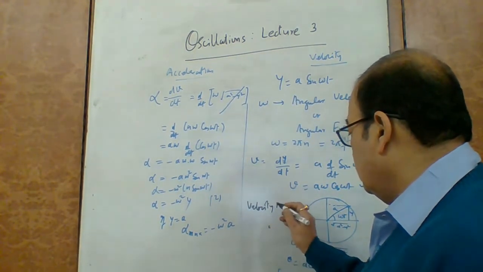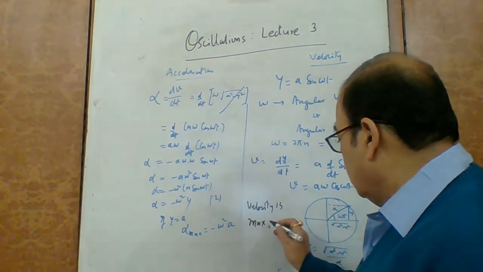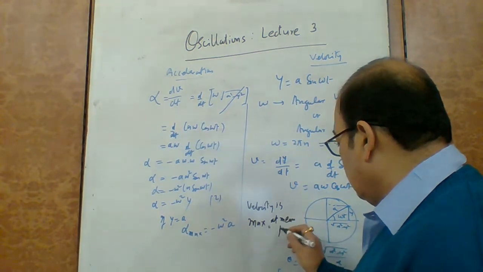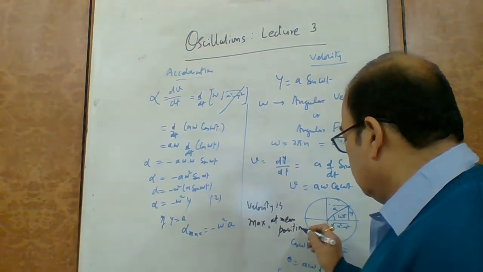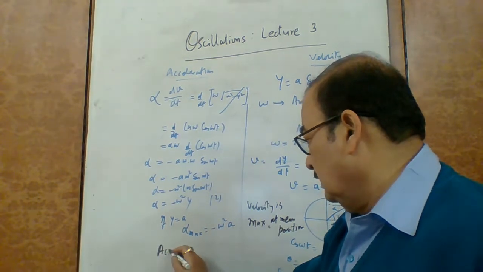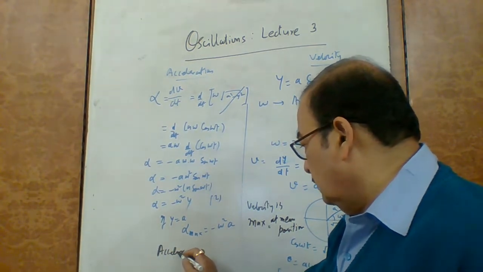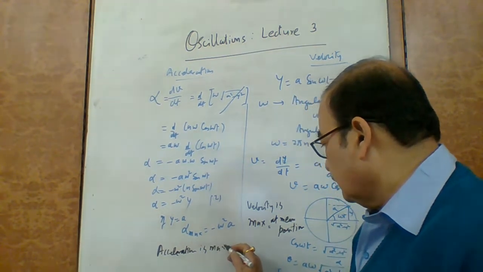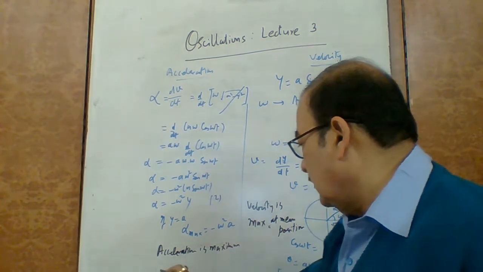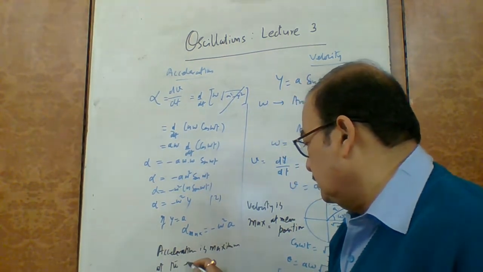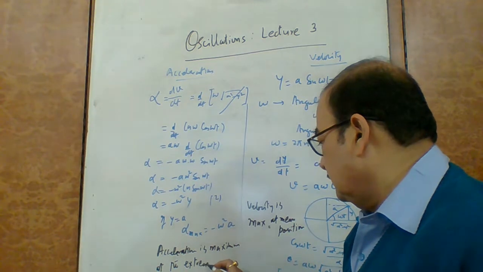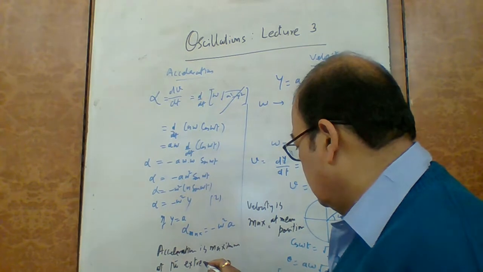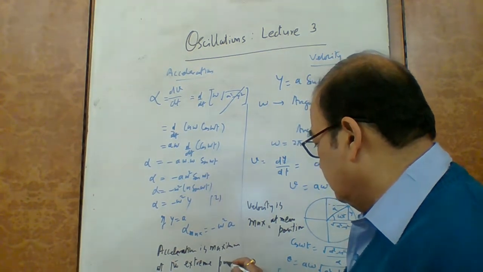Velocity is maximum at mean position. Acceleration is maximum at the extreme position.